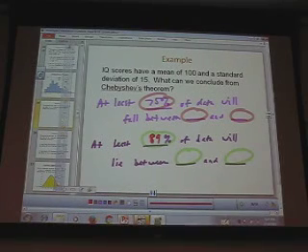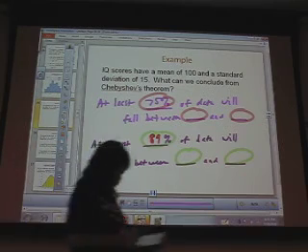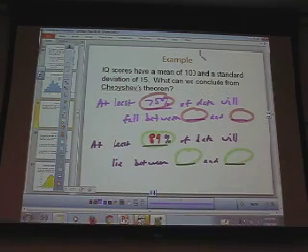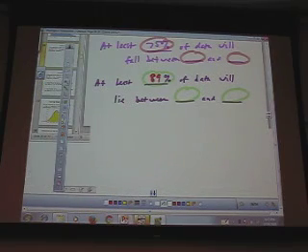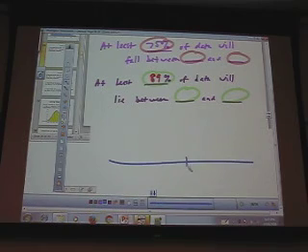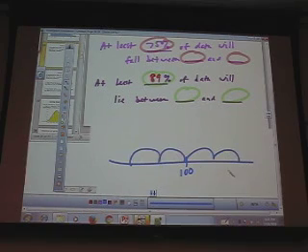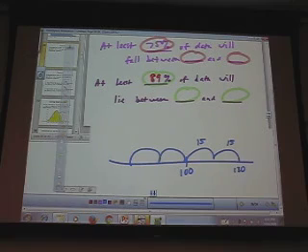So 75% should lie within how many standard deviations? 2. So we're going to take 100 and subtract, well, let's just make a little thing down here. 100, 2 standard deviations will get us to 70 and 130. Good?